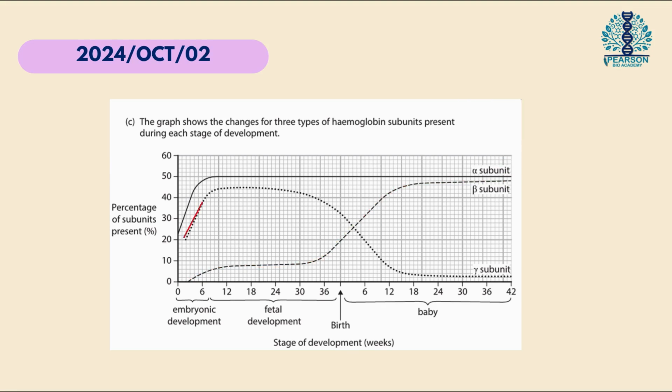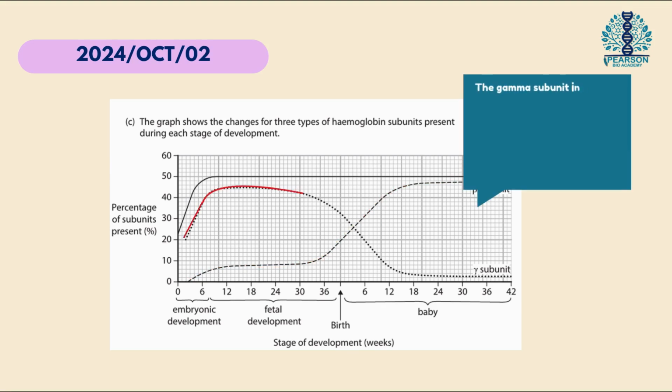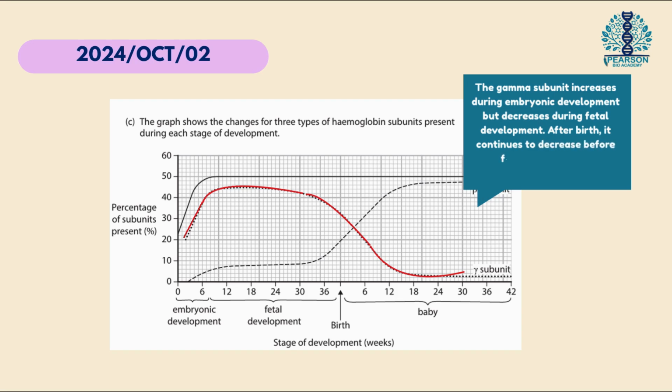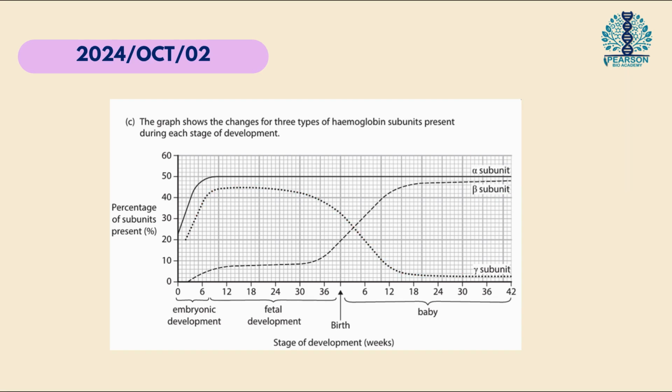The gamma subunit increases during embryonic development but decreases during fetal development. After birth, it continues to decrease before finally leveling off. That's all the examiner is looking for. So one subunit equals one marking point.